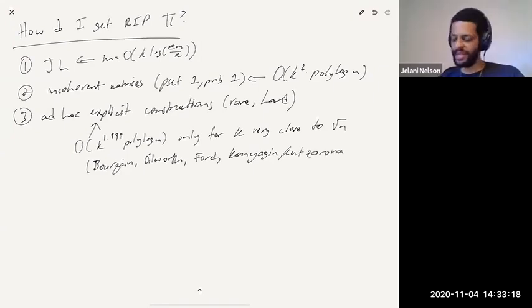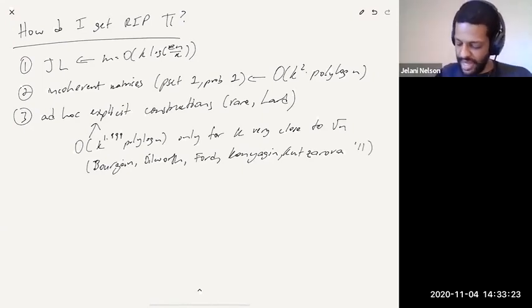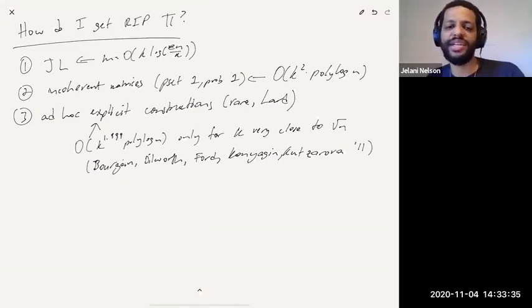That was in 2011, I believe. Bourgain and Konyagin are really hardcore analytic number theorists. I think the others might be more combinatorialists. But this was not an easy result.